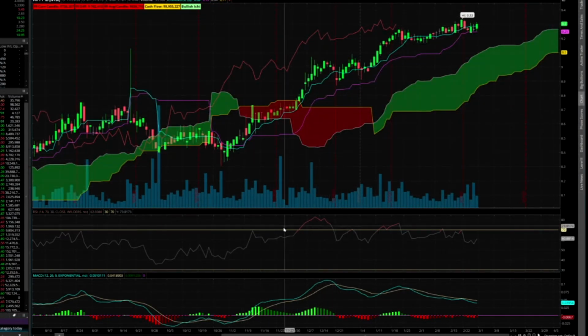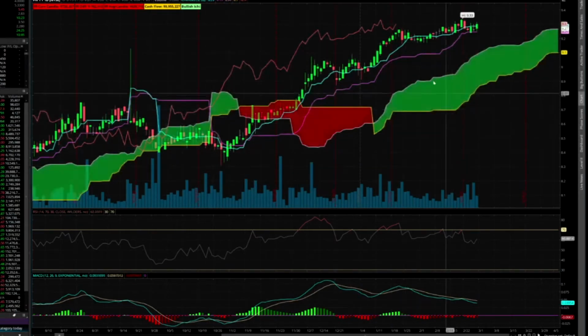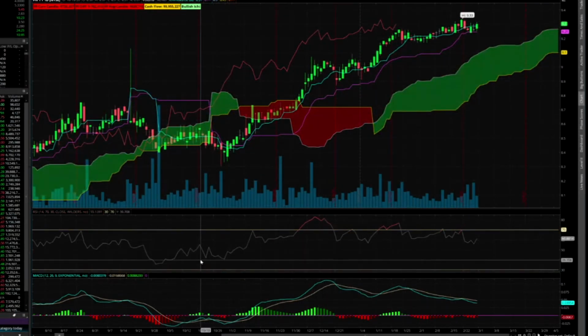So I use these 2 indicators to confirm what I'm seeing with the Ichimoku cloud and make my buy or sell decision based off of whether both of these indicators down below are also giving me the same signal to buy. So I put most weight on the Ichimoku cloud indicator, but these two indicators help me further confirm if I should actually get in or if I should bail out. Does that make sense?